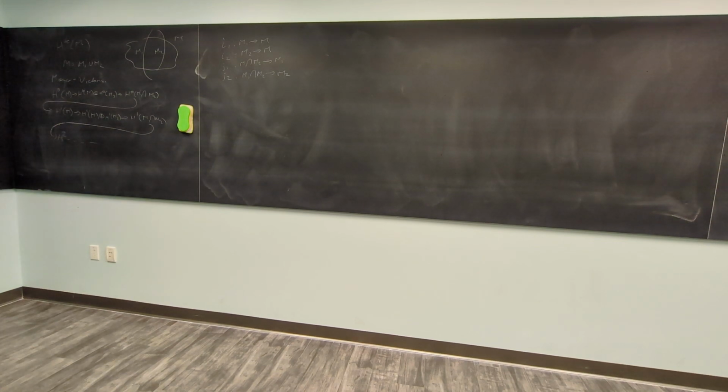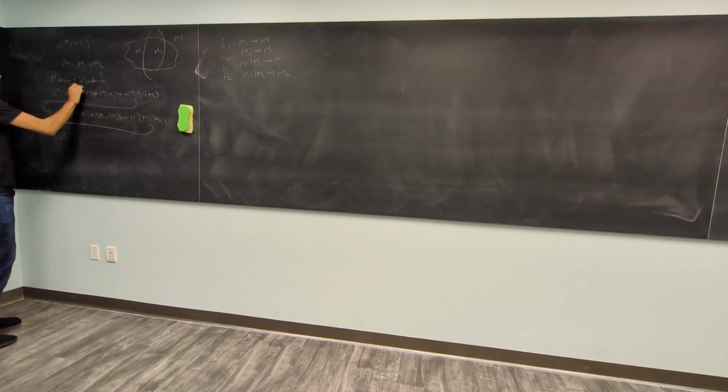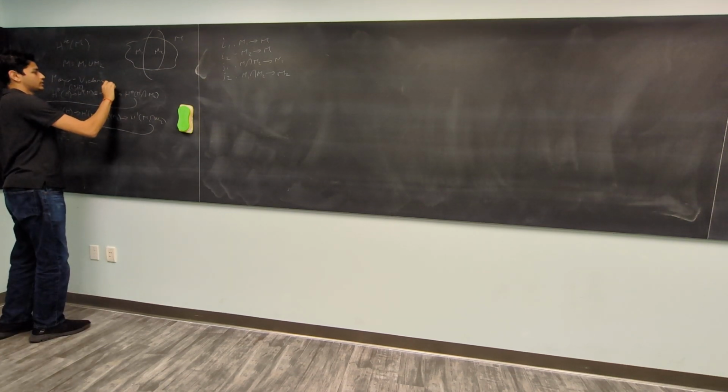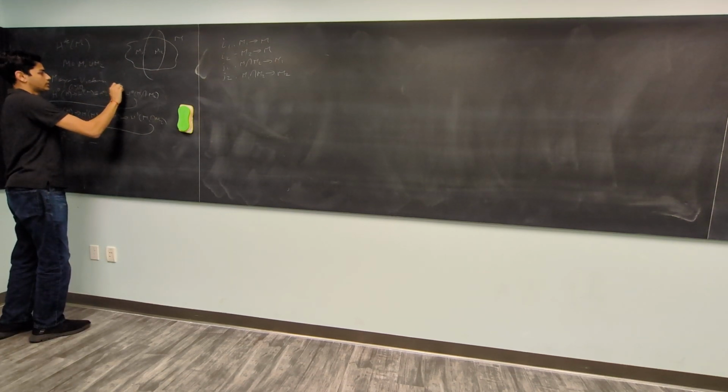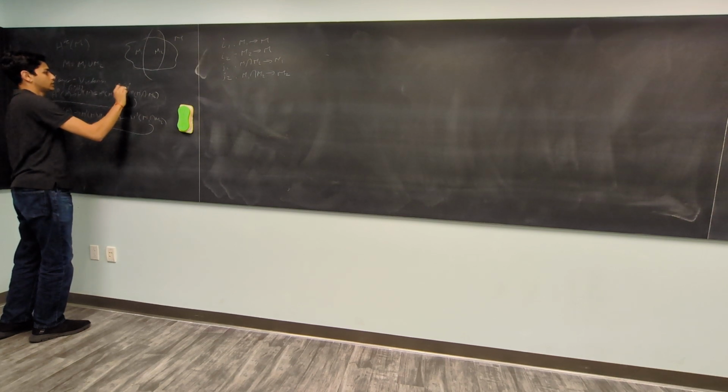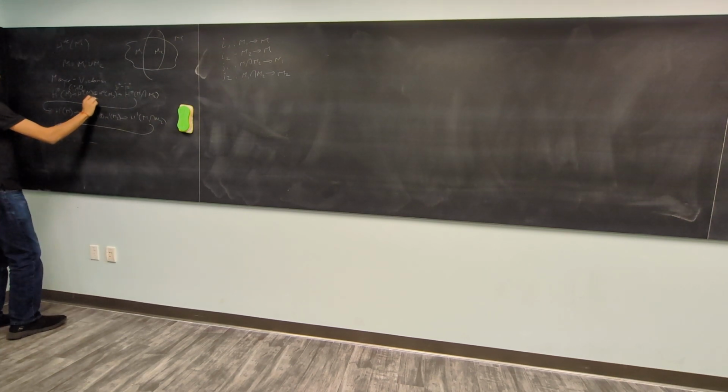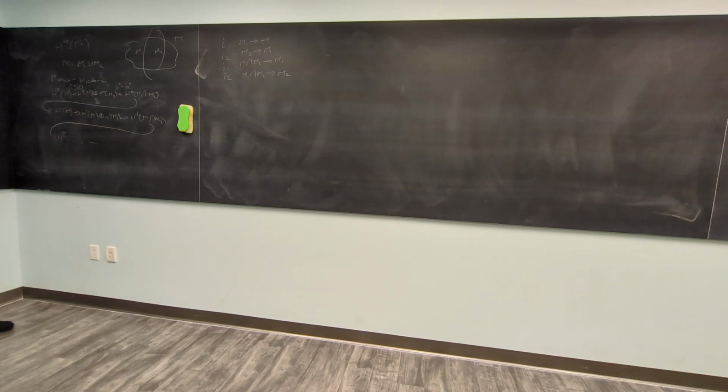And these maps are I1 star, I2 star, and then this one is J1 star minus J2 star, and then this one is some map which we call delta, which is called the connecting homomorphism.